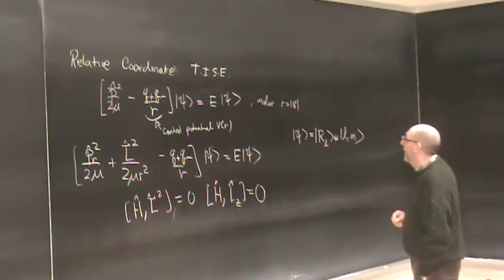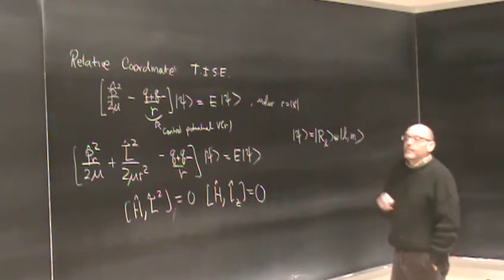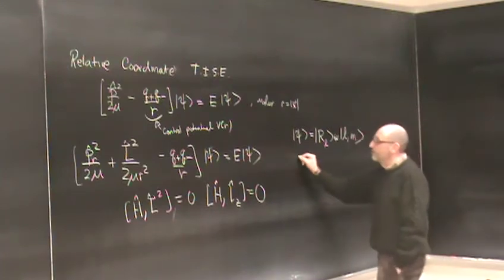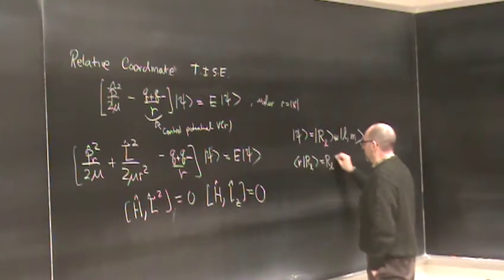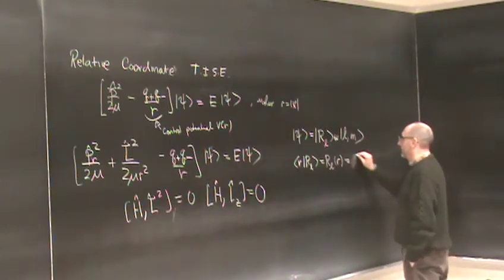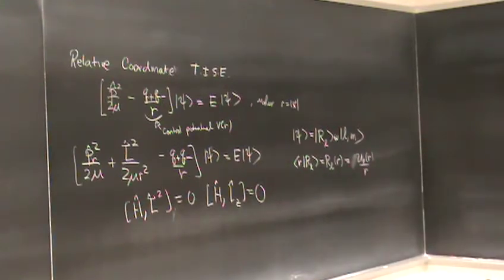So with that kind of separation and expressing that, now remember the radial wave function we have written in the past in terms of the so-called reduced radial wave function. Okay.